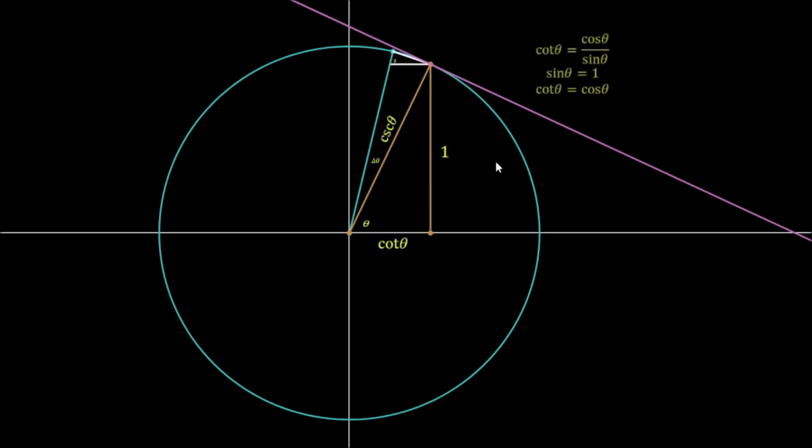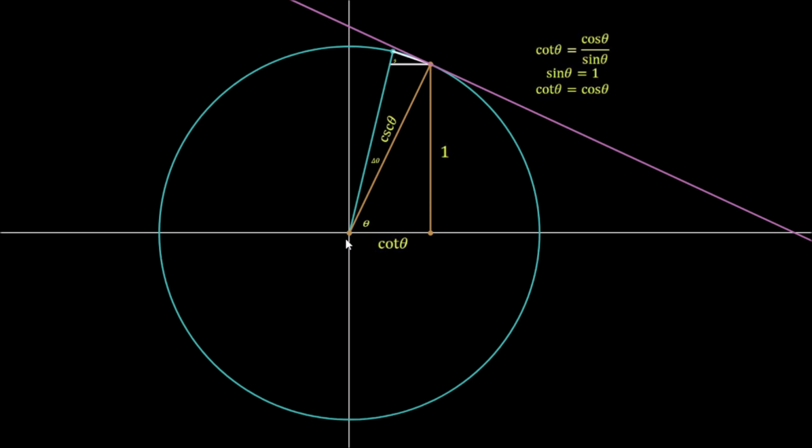And we can see that from here. We know that the cotangent of theta is equal to cos theta upon sine theta, but the value of our sine theta here is just a value of 1. So that's just going to then say that the cotangent of theta is just equal to the cos of theta. So this length here is the cos of theta, and it is also the cotangent of theta, whenever this height here remains fixed at 1.